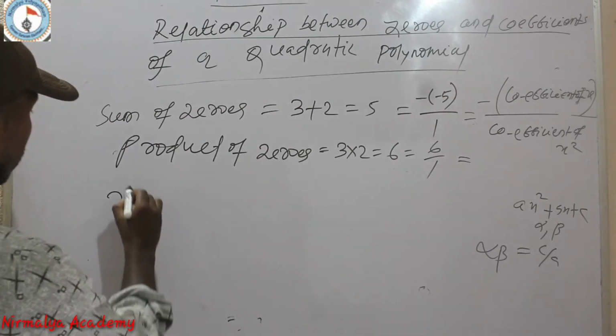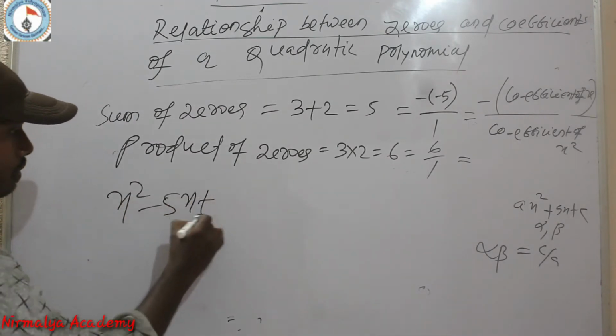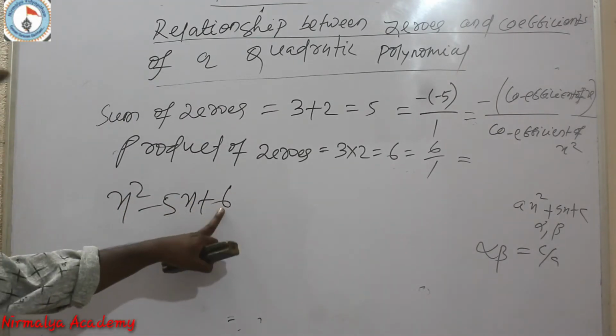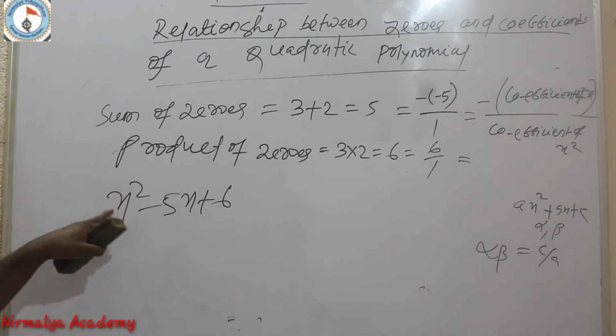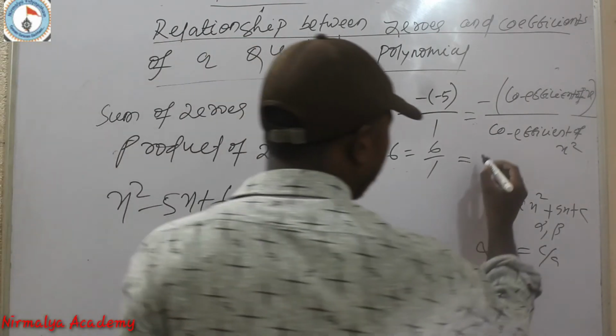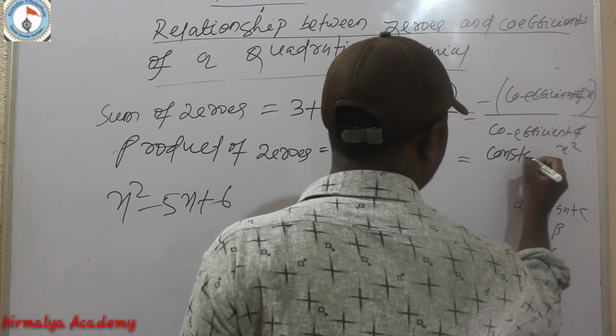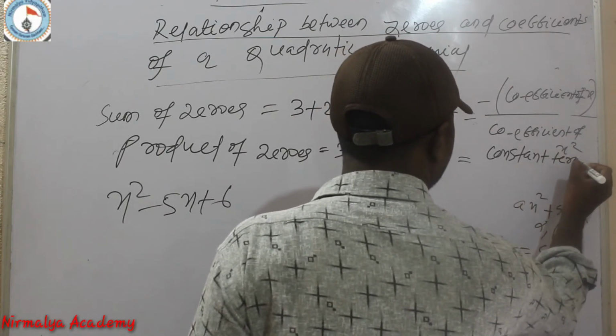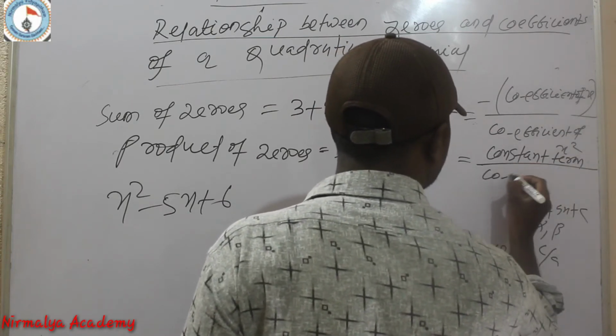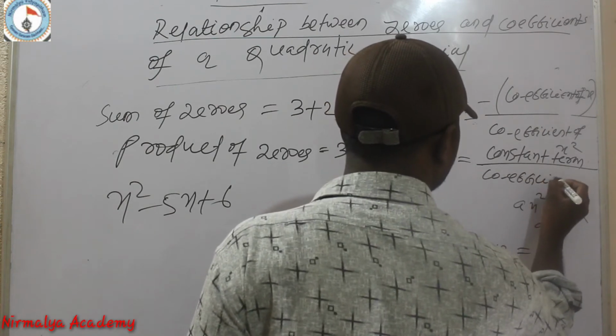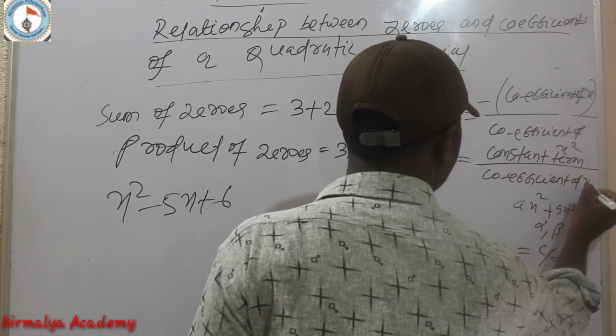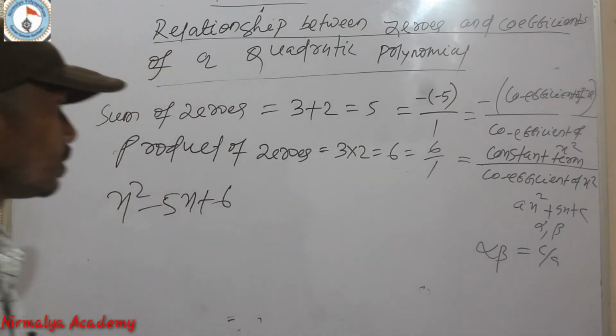For example, in our example, x square minus 5x plus 6, 6 is the constant term and 1 is the coefficient of x square. So it can be written as constant term divided by coefficient of x square.